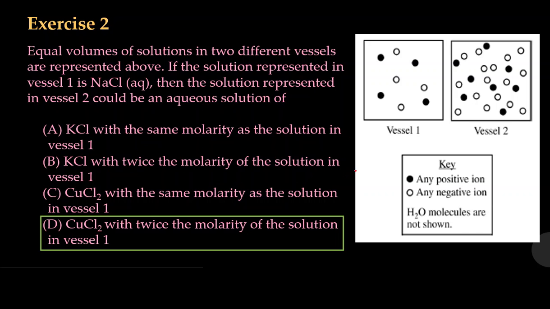Why 8 and not 16? Okay, so when we're talking about molarity, that's a good question. KBr, CuCl2, or NaCl. If we put a certain amount of grams of NaCl in there, it's going to break apart into separate ions, right? But the molarity is based off of the formula unit.